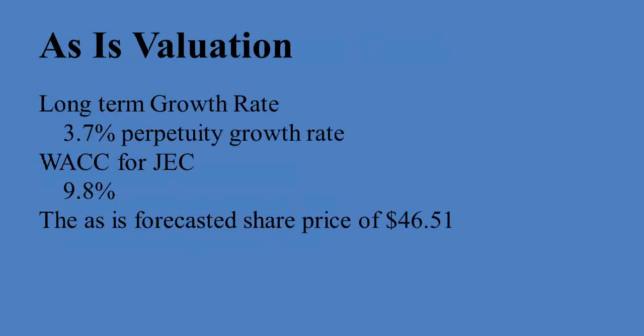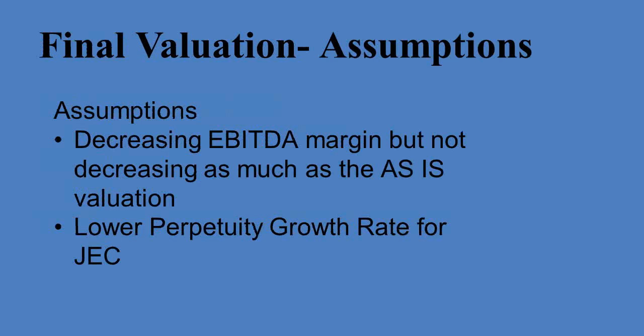Long-term growth rate, in perpetuity, we used a 3.7% growth rate, and we learned that in our multiples analysis as well. And the weighted average cost of capital for JEC is 9.8%. So this gave us an as-is forecasted share price of $46.51.